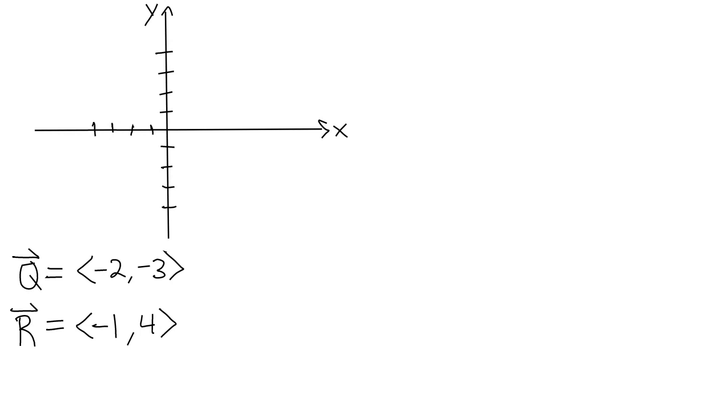So we got two vectors. Q, you can plot the point -2, -3. So -2, down 3, that's here. So the vector of that point looks like this. You always start at the origin.